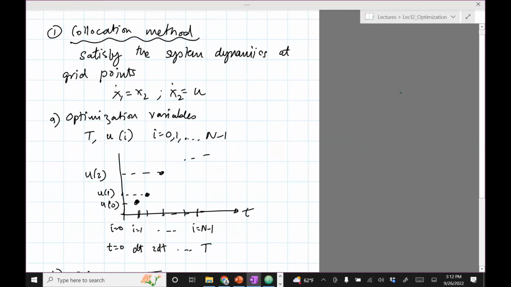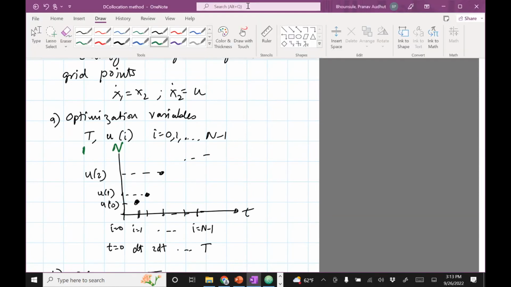Let's go here, and then the objective is 1. We have 1 for t, we have n for u of I, and it turns out that I forgot to put this, but in this collocation method specifically, since we're trying to ensure that those values are true at the grid points, the x is also a part of the optimization. So I need to add those, which is something I forgot to add.